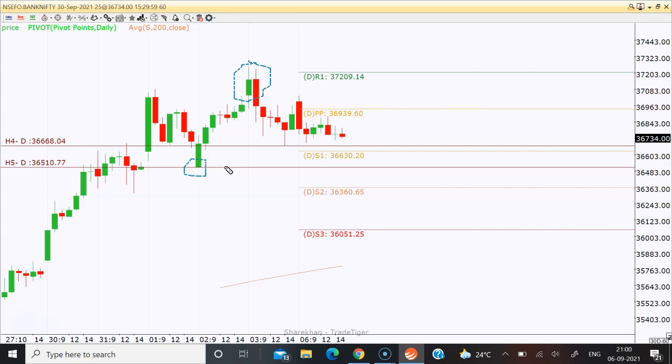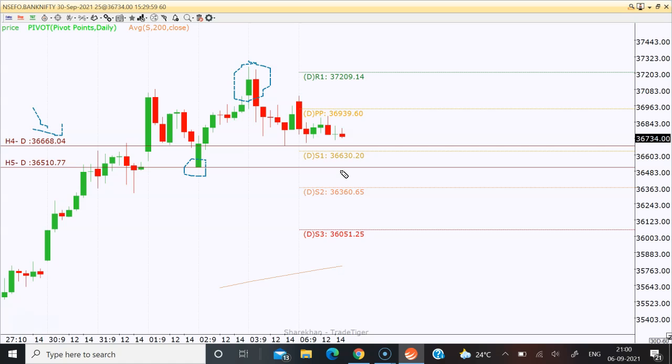Before that it has a strong support at this point, 36,668. I'm just telling you the figures, but you can take it approximately, in the 36,600 to 650 range.